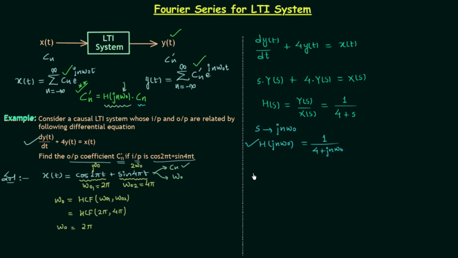We know the given input signal x(t) is equal to cos 2πt plus sin 4πt, and we have calculated the value of ω0.